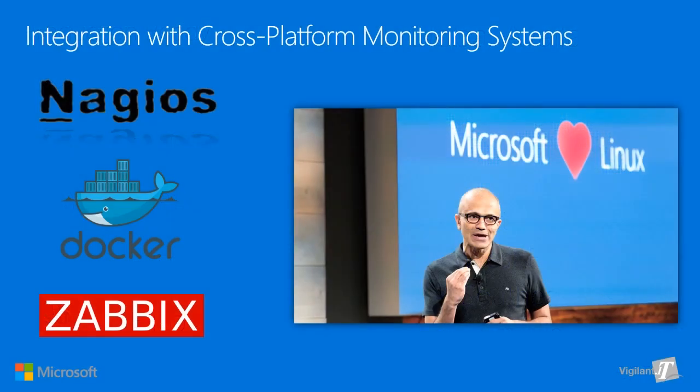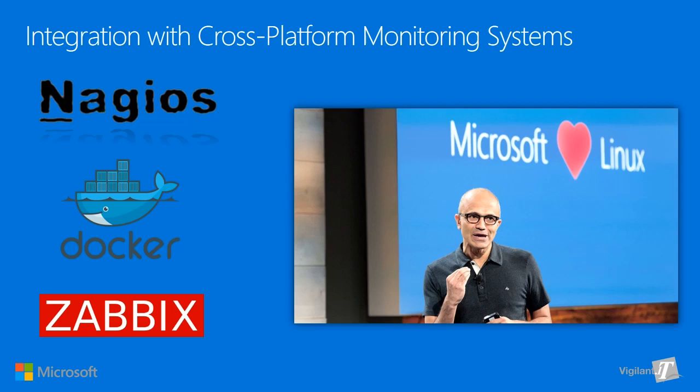OMS has integration with cross-platform monitoring systems. Microsoft monitoring Linux is nothing new. Back in 2009, Microsoft introduced support for SCOM management packs for Linux. Currently, you can collect logs in OMS for the following types of data from Linux computers: performance metrics, syslog events, alerts from Nagios and Zabbix, Docker container performance metrics, inventory, and logs.